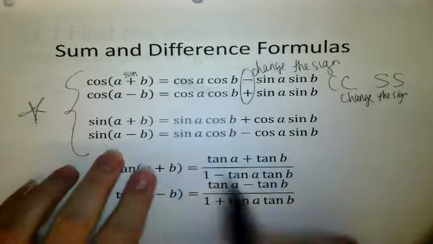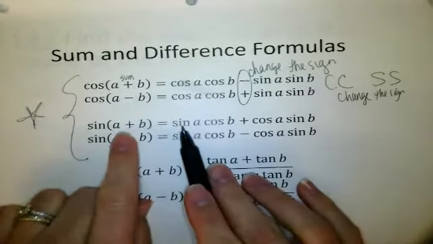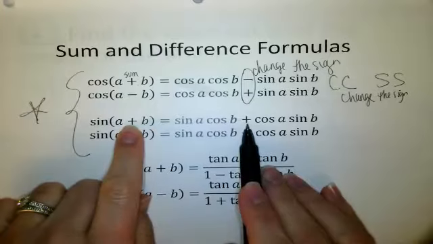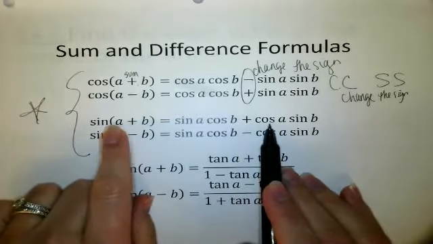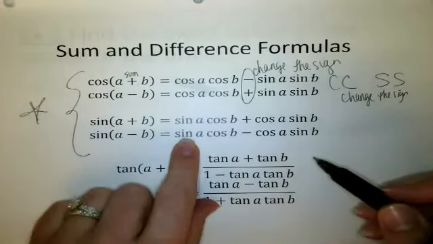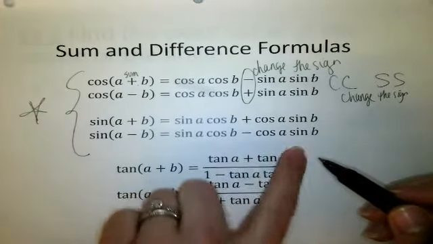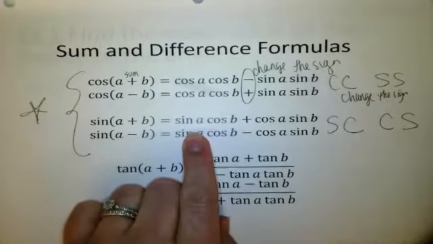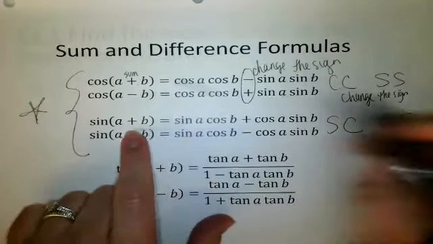For sine, you'll notice sine of the first thing, cosine of the second. Here the sign stays the same. Then we have cosine of the first thing, sine of the second thing. So both of these have the same pattern. Sine, cosine, cosine, sine. And what do we do?